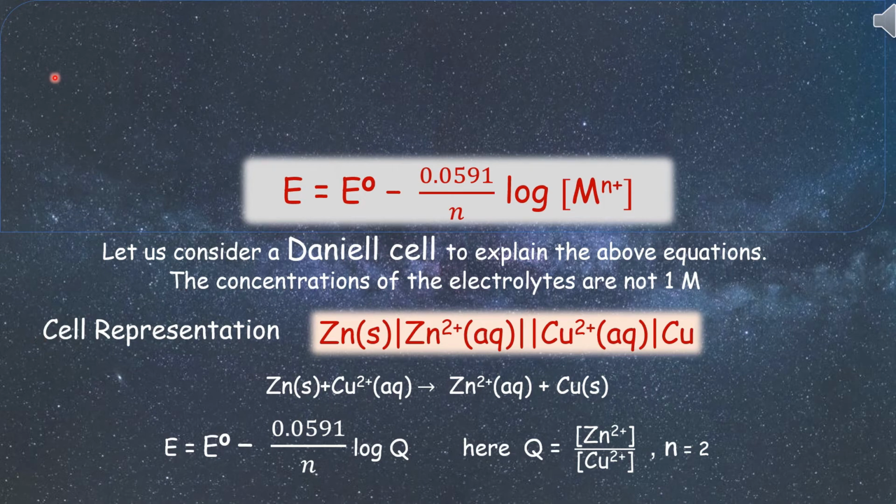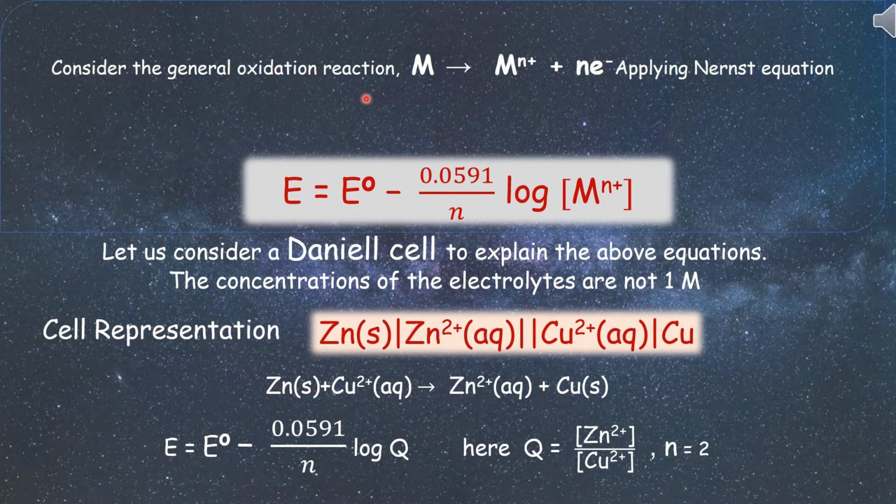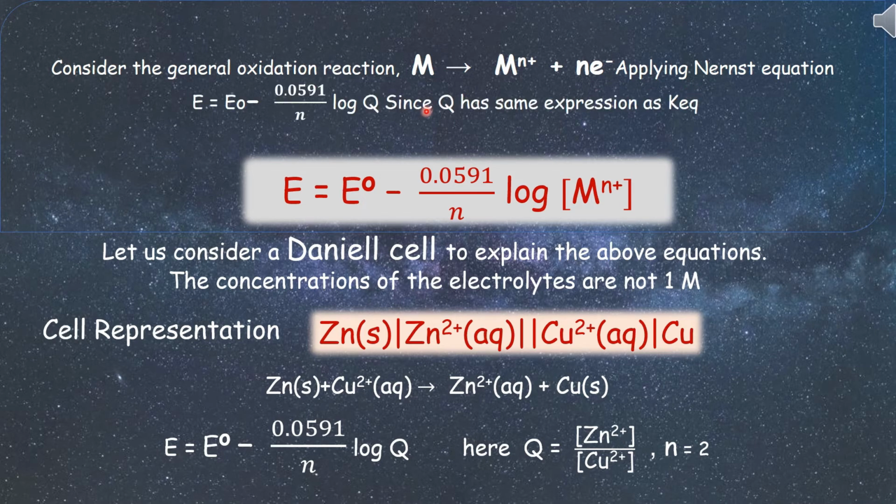Now let us consider a general oxidation reaction, and try to apply the Nernst equation for this. In this we have to substitute for Q. Q is the reaction quotient.